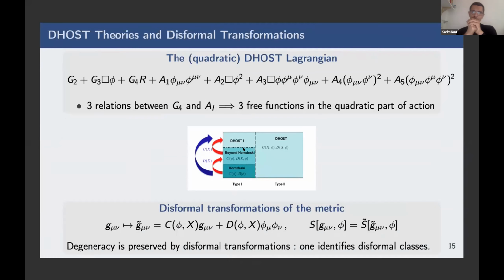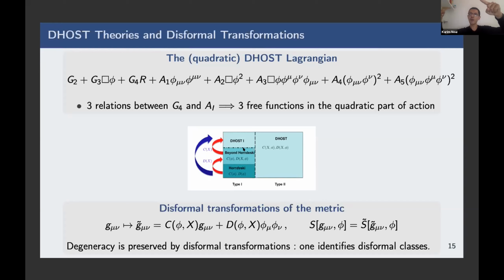Yes, this is a very good question. In vacuum, yes, in the sense that if you look at those theories and you do not couple them to an external field, I totally agree that all the interesting theories are fully equivalent to Horndeski. But if you now couple the DHOST theory to a matter field, then the theories will be different, because you can have a DHOST theory minimally coupled to an external field, but if you make this disformal transformation, the DHOST theory will be transformed into a Horndeski theory, but the matter will not be minimally coupled to the metric anymore.